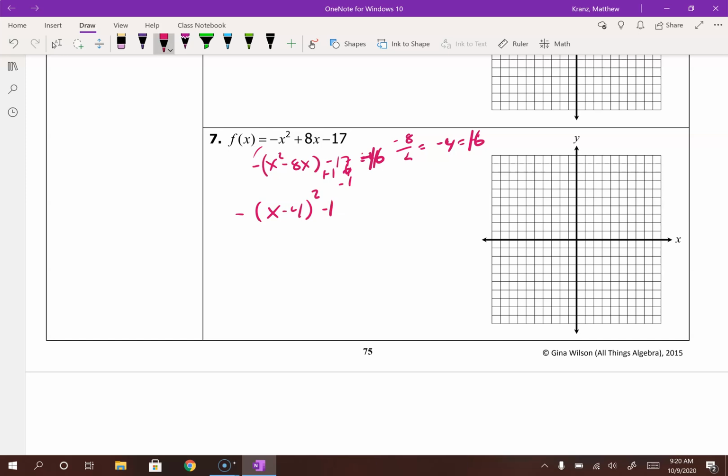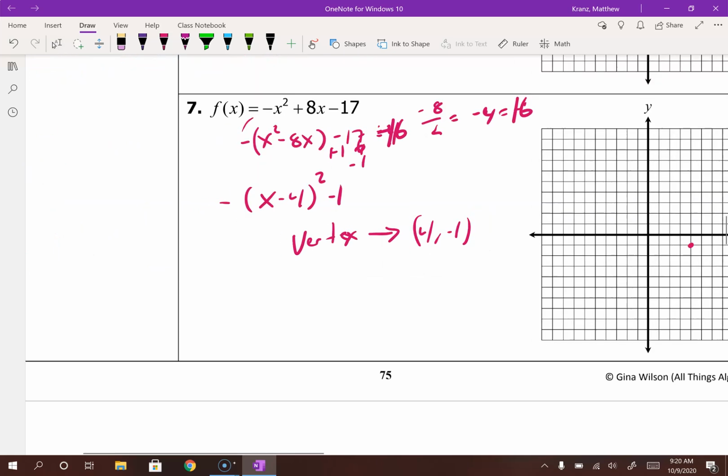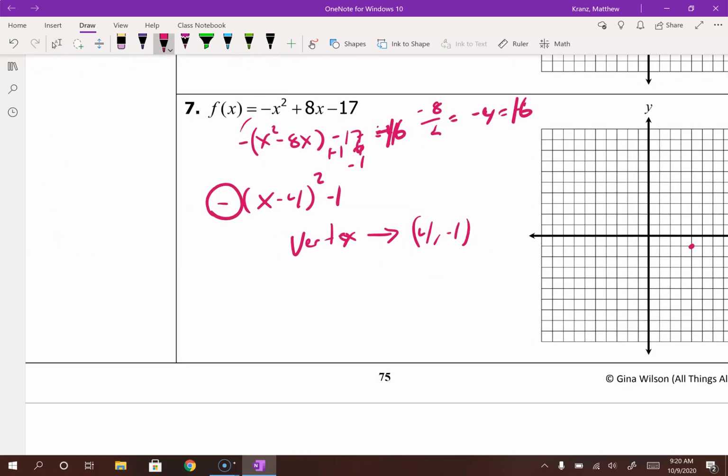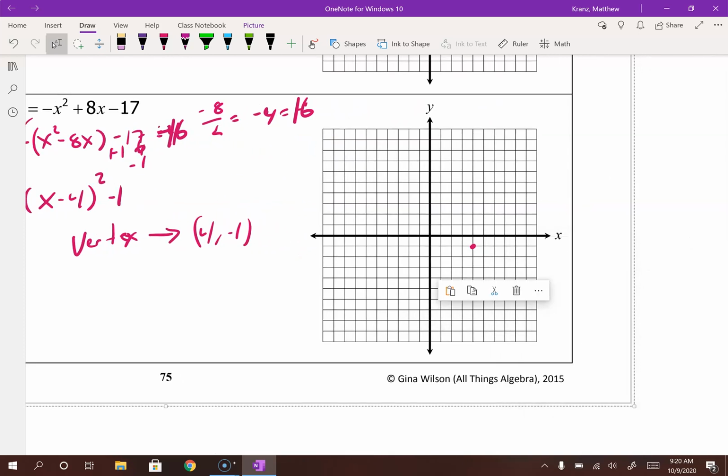All right, so now my vertex is going to be 4, negative 1. So now that I have 4, negative 1, I'm right over here. Now you notice that this parabola is negative, so it's going to be going down.